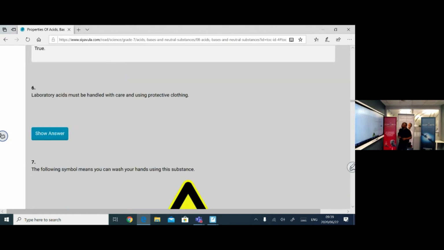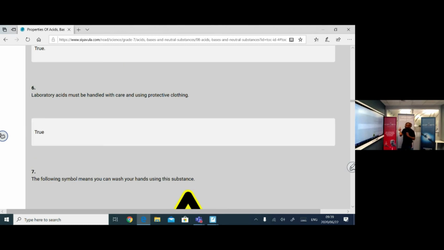Question 6: laboratory acids must be handled with care and using protective clothing. We should handle them with care due to their corrosiveness, and we should always be in our protective clothing.